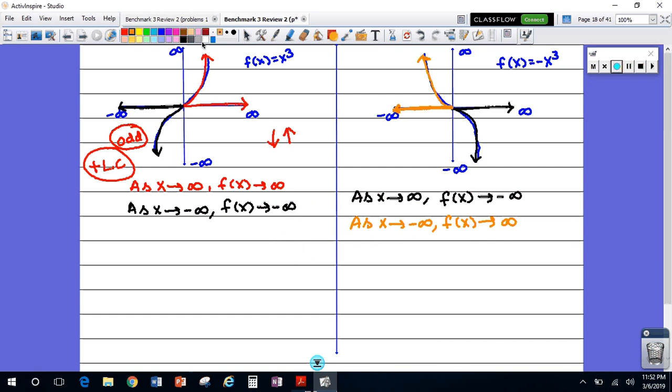The important thing I want to explain here is, suppose you have f of x equals x to the 5th power. So what happens here? The curve goes through 0, but it is flat at 0. So it goes like this.